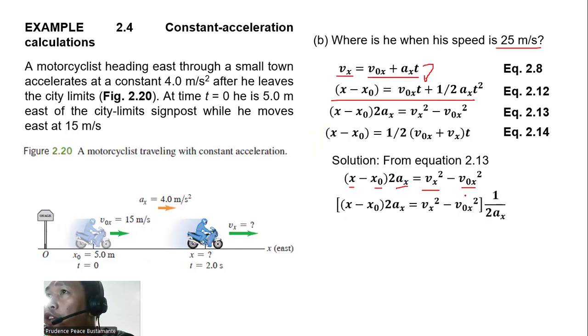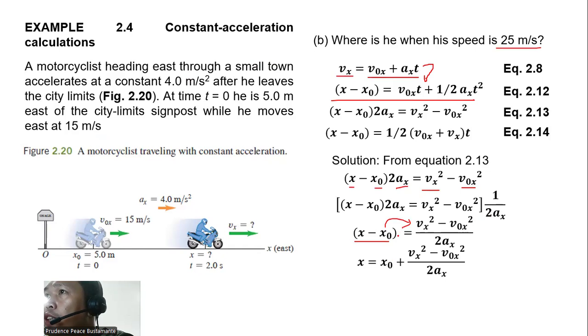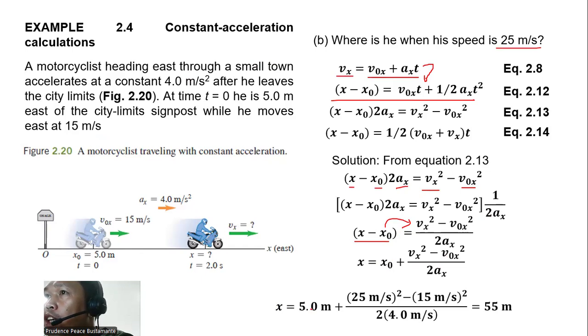If we multiply both sides by 1 over 2 a sub x, the left hand side will be x minus x sub o, and the right hand side will be v sub x squared minus v sub ox squared over 2 a sub x. We transpose this one to the other side, and it becomes positive. So this is now the formula. We have 5.0 plus 25 squared minus 15 squared over 2 times 4.0, which is equal to 55 meters.